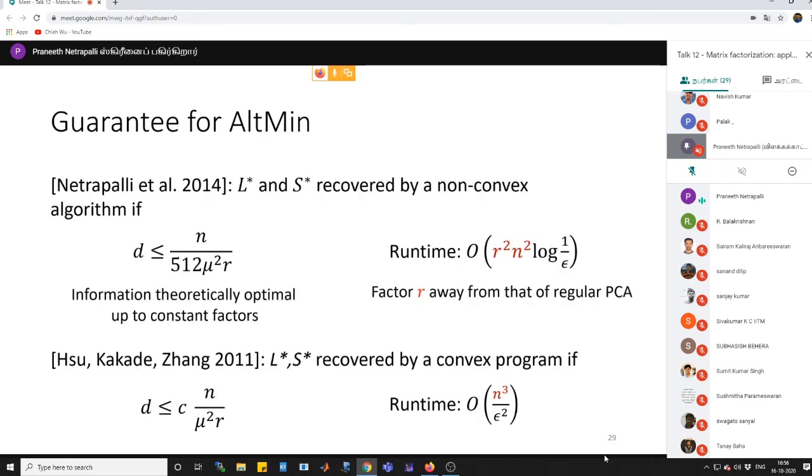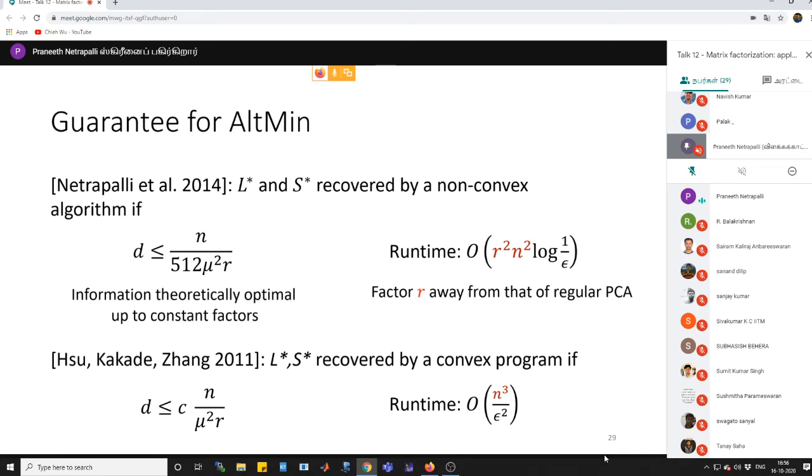So the guarantee for alternating minimization is that L star and S star are recovered by the alternating minimization algorithm whenever the sparsity d of the sparse matrix is at most n over some constant times mu square r. Okay. So firstly, if d is equal to 0, then we actually don't have to do anything, right?